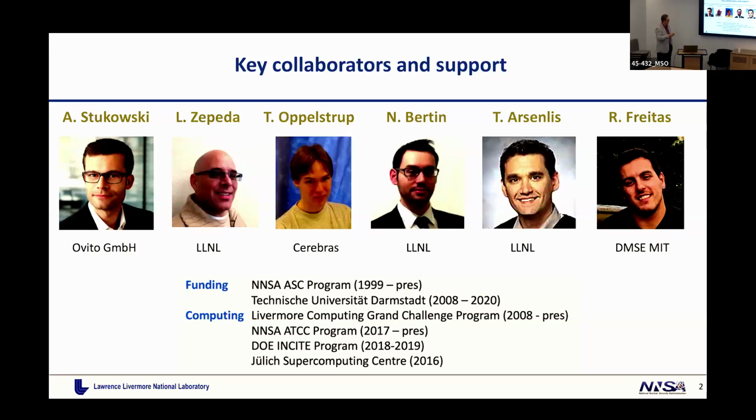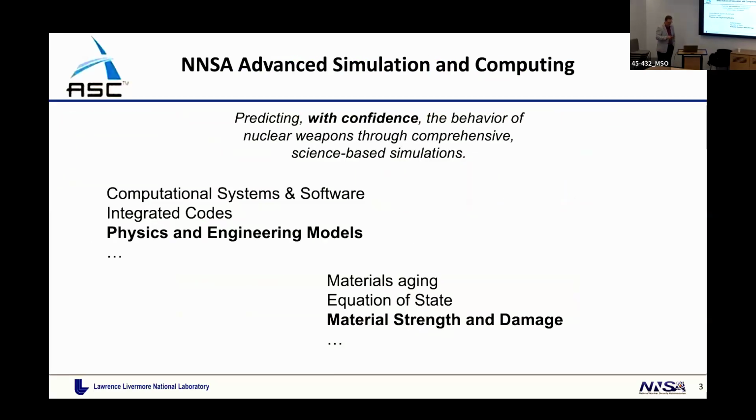So the way I got into that is that the ASC program, the Advanced Simulation and Computing program, was started about 1995. And we got a small grant from Lawrence Livermore to work on that with Sid Yip and Ali Argon, who were my mentors at MIT at the time.